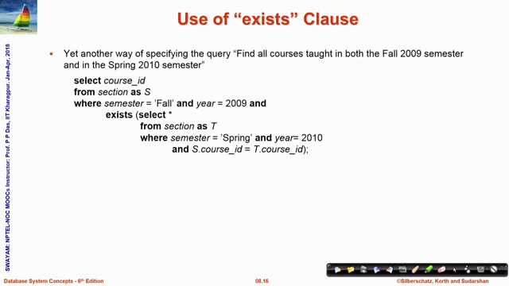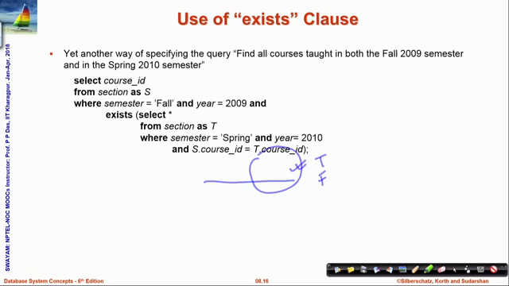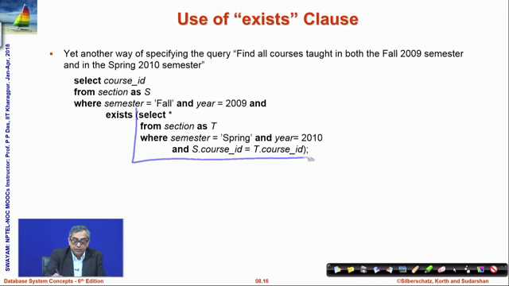So, it can be used to specify a query like find all courses taught both in fall 2009 and spring 2010. Earlier you did it by set membership; now you are trying to do this with exists.